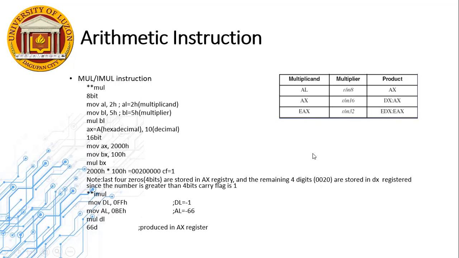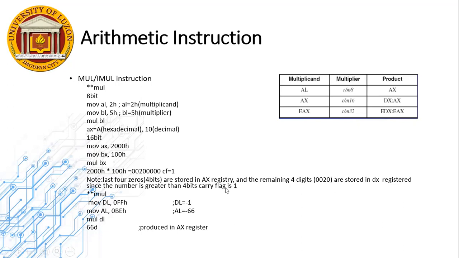And since the number is greater than 4 digits, the carry flag is set to 1. I believe the flags were already discussed by Sir Red, Sir Reden. I think it was discussed by you.